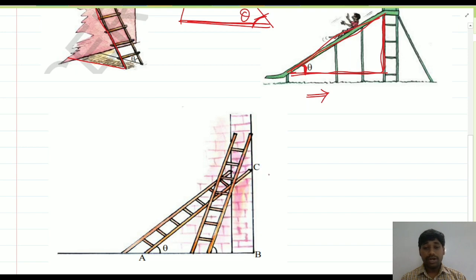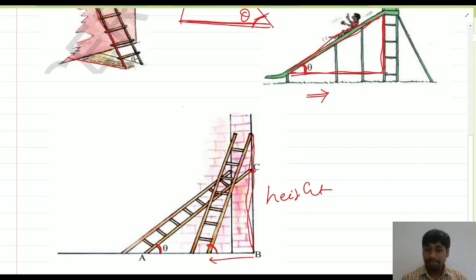If you want a small height, then the angle decreases. If you want a large height, then the angle increases. So depending upon the angle, the side opposite to this angle, that height, gets adjusted, and at the same time the base is getting decreased.